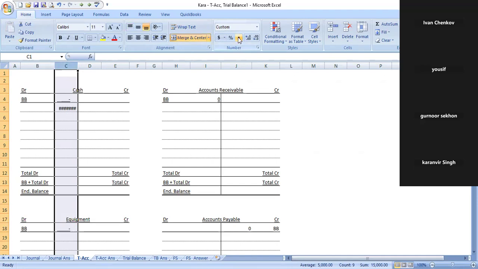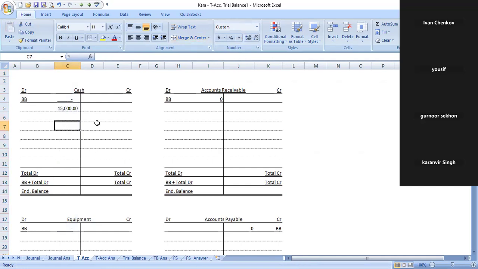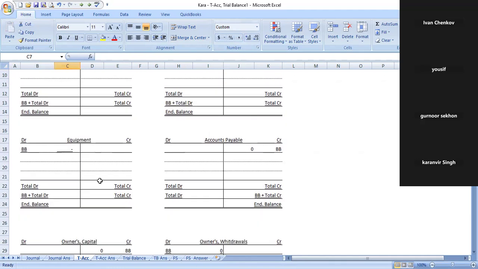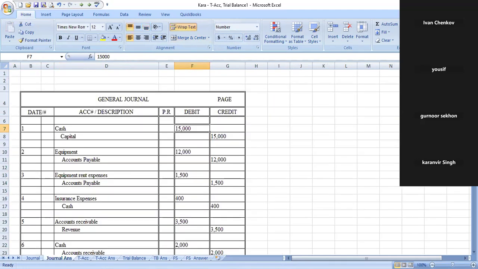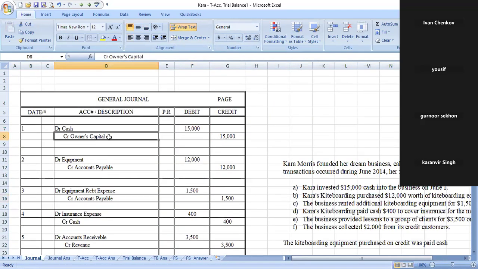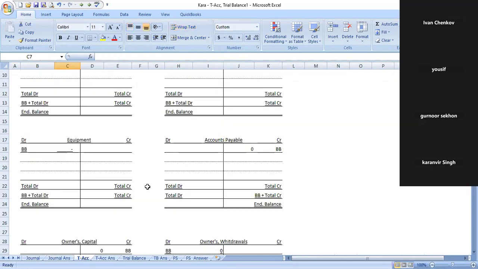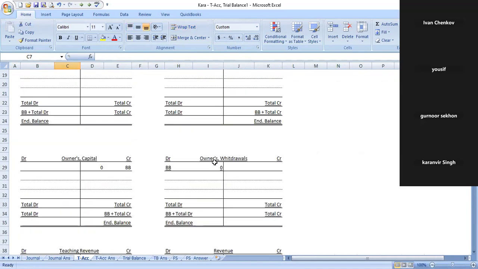So what's going to happen? The cash is going to go up with $15,000. What else is going to go up with $15,000? We already did it. If you don't remember, go back to the journal entry and see capital goes up. Let's go here on the capital and let's increase her capital with $15,000. Make sense?